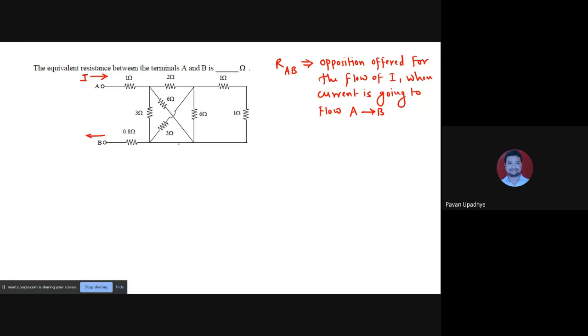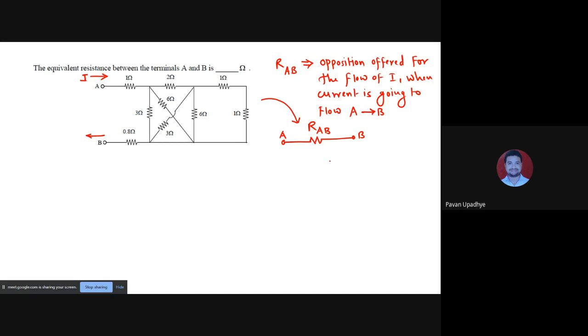So here are a number of resistances connected between A and B in different series and parallel combinations. Now our job is to find out the equivalent resistance, a single value of resistance that will appear between A and B. So what we ultimately mean is we have to reduce this whole circuit into a simple one-resistance network.